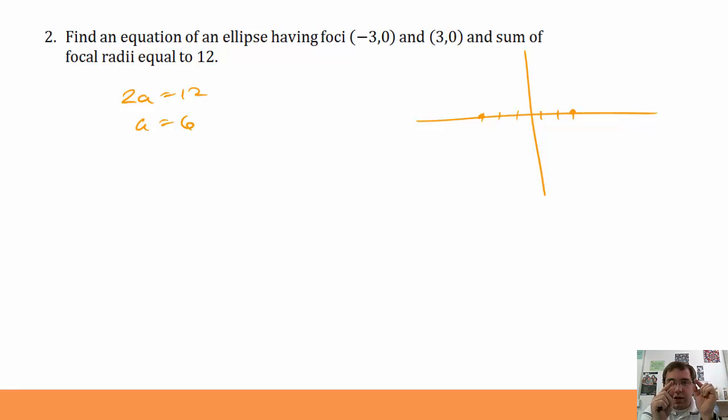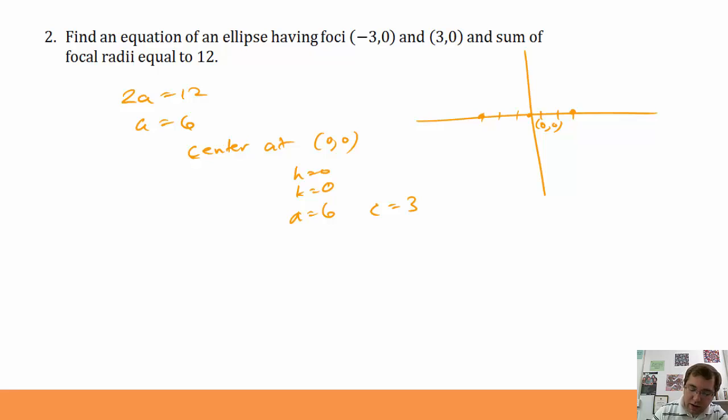Okay? The center is halfway between the two foci. So the center here must be at 0, 0. That means h is 0, k is 0. A is 6. C is 3. C is the distance from the focus to the center.